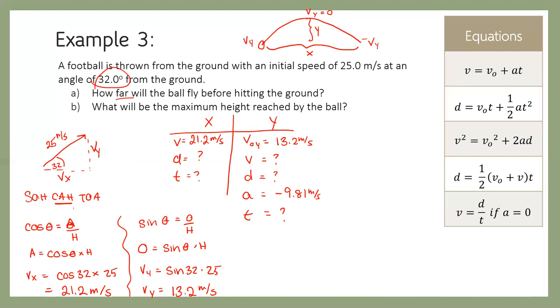So we have two ways we could solve this. If I kicked it with a velocity of 13.2 meters per second upward, when it comes down at the other end, it's going to have negative 13.2.